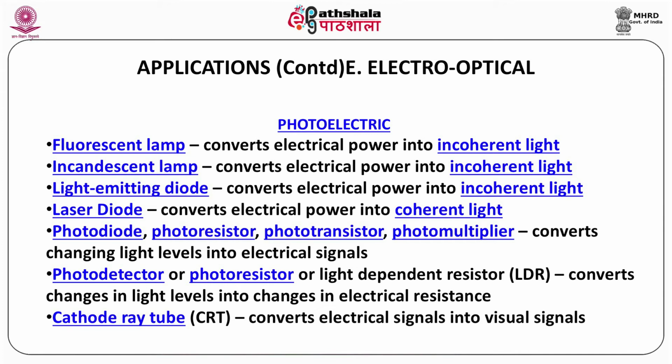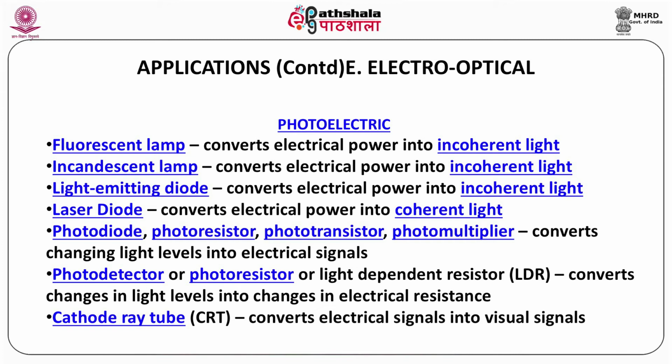Similarly, the laser diode converts electrical power into coherent light, and the photodiode, photoresistor, phototransistor and photomultiplier all convert light levels into electrical signals. So the light is the input and the final output is the electric signal. That is why it is called electro-optical.